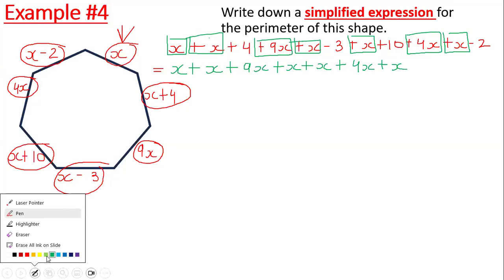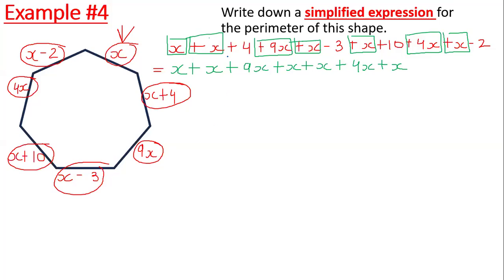Now we go to our numbers. It's going to be 4 plus 4, plus 10, take away 3, plus 10 take away 2.